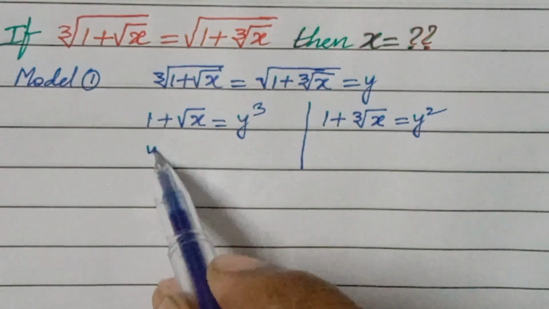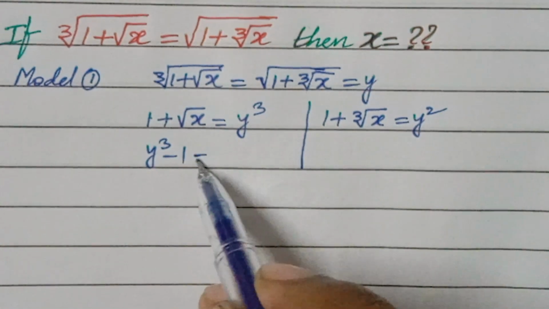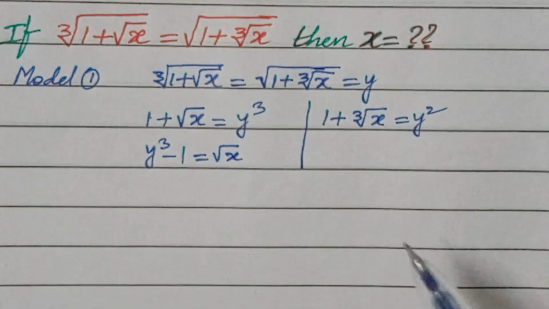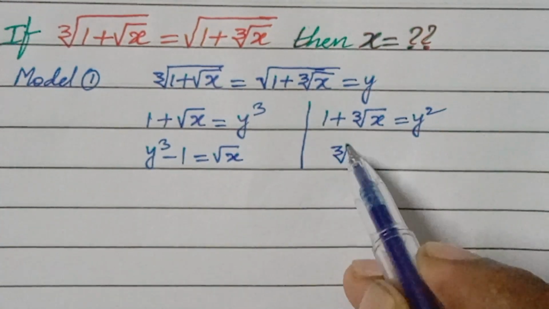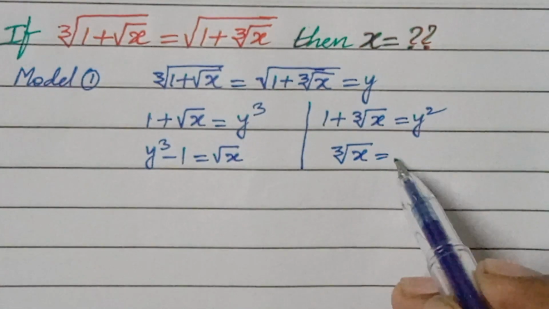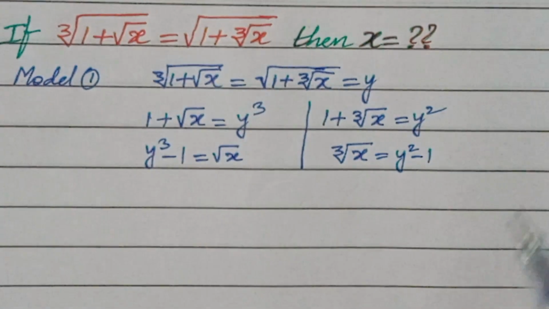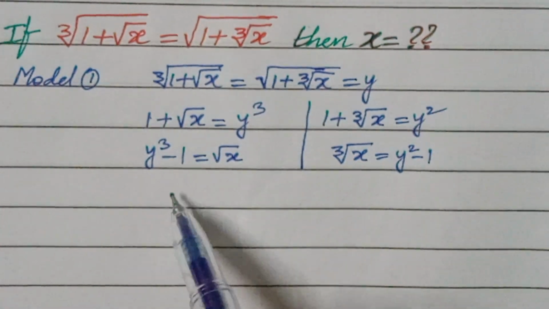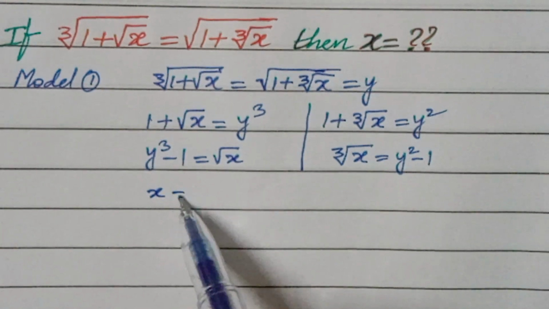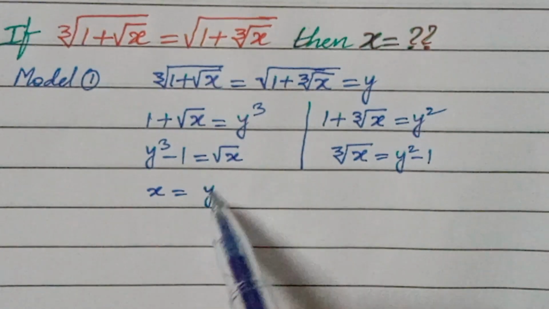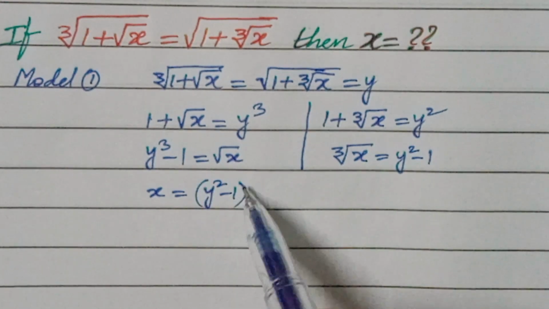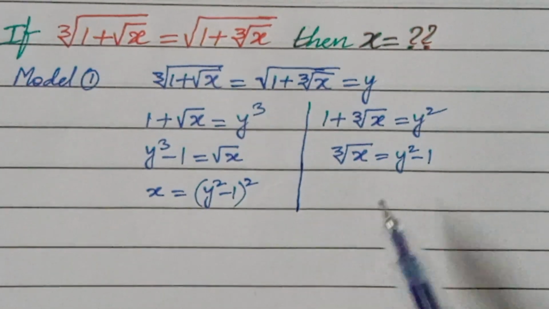Now here y cube minus 1 is equal to root x. In the second case, cube root of x is equal to y square minus 1. Now we can write, squaring on both sides, x is equal to y cube minus 1 whole square.